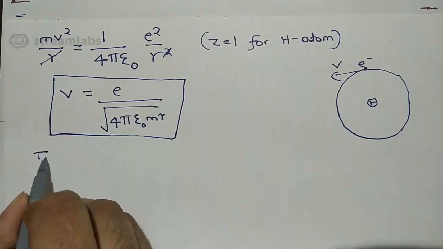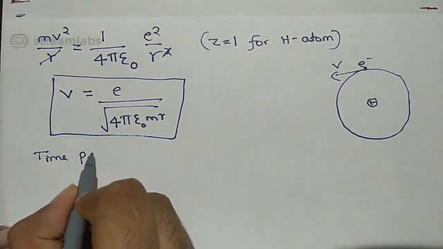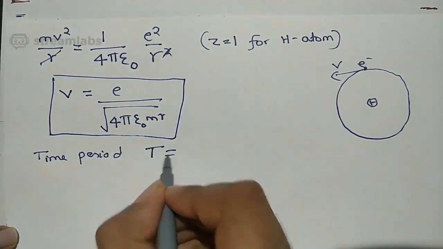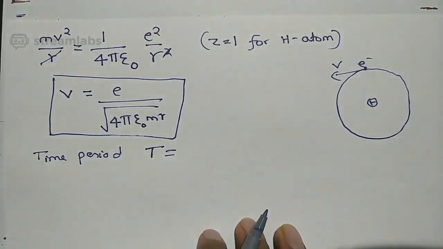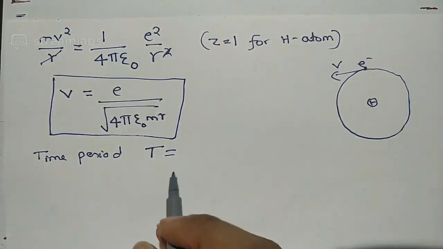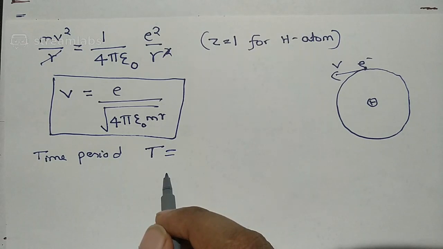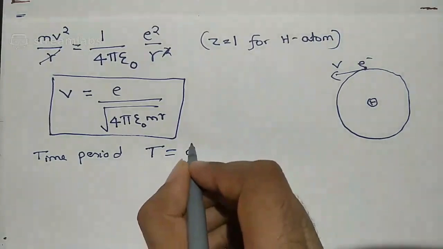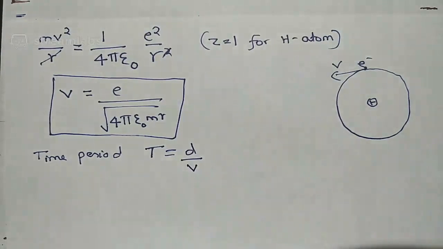It is the time period of the electron revolving around the nucleus, T. Here, is the speed of the electron changing? No, it remains constant. Is the formula speed equal to distance traveled by time taken? Is it correct? So what is the time taken? Time taken is distance traveled divided by speed v.